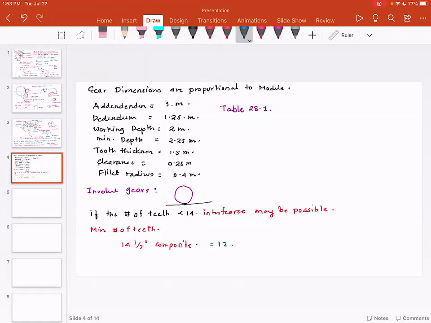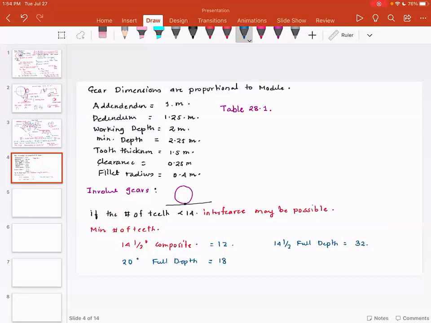If you were to go up to 20 degrees full depth, you should have 18 as the minimum number of teeth. If you were to go with 14.5 degrees full depth, your minimum number of teeth should be 32. So these are the design guidelines. Whenever you are trying to design a gear, just follow these guidelines.